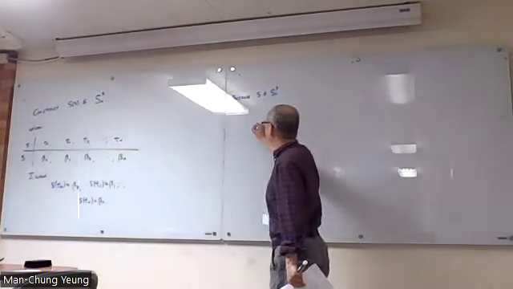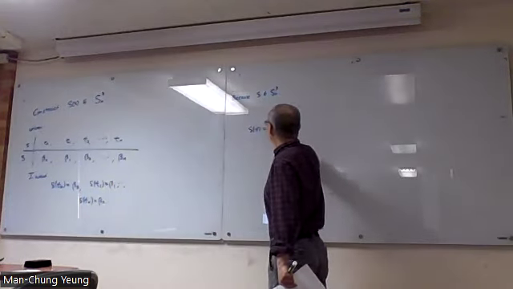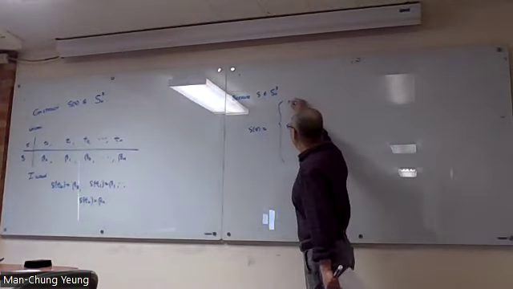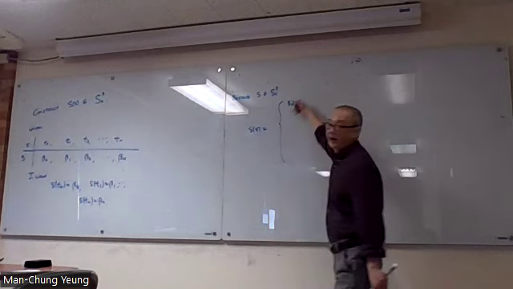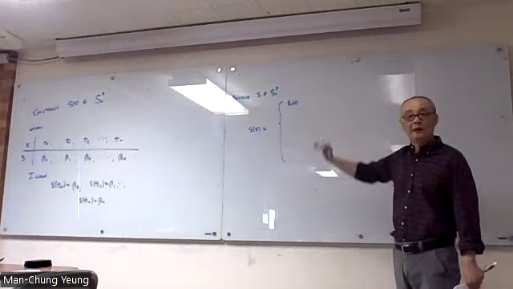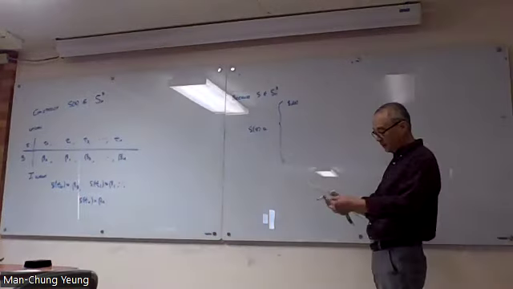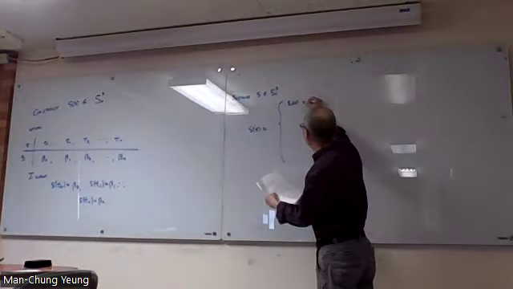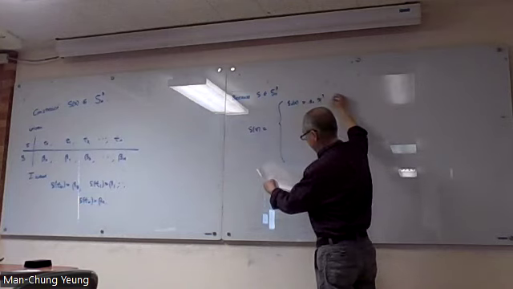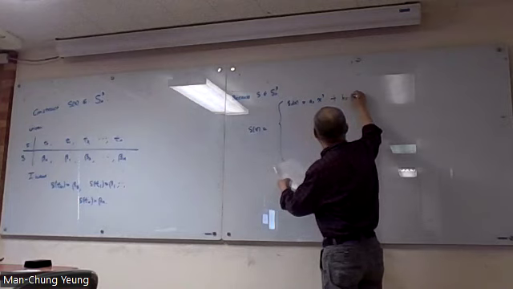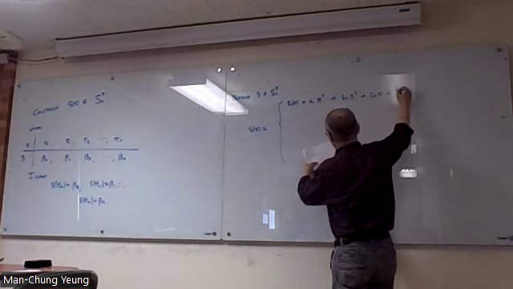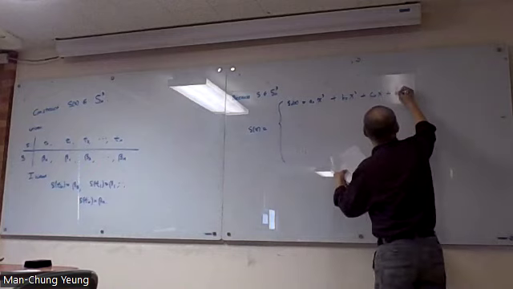So I can write S0, you need to remember the figure that I just erased. S0 is a polynomial: A0 x cubed, B0 x squared, C0 x, and then D0.